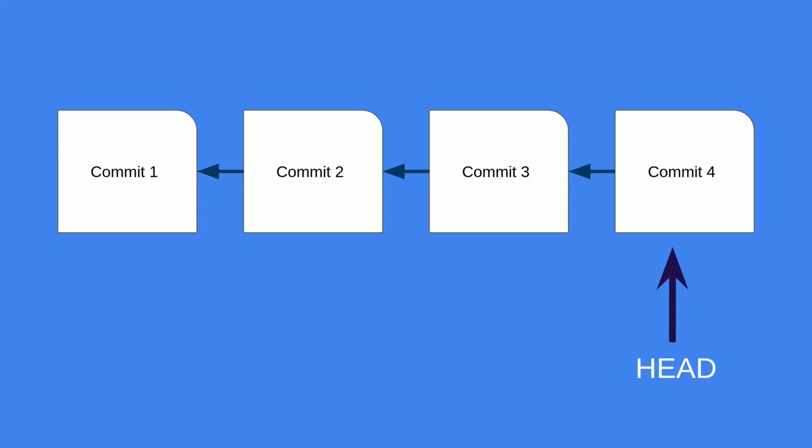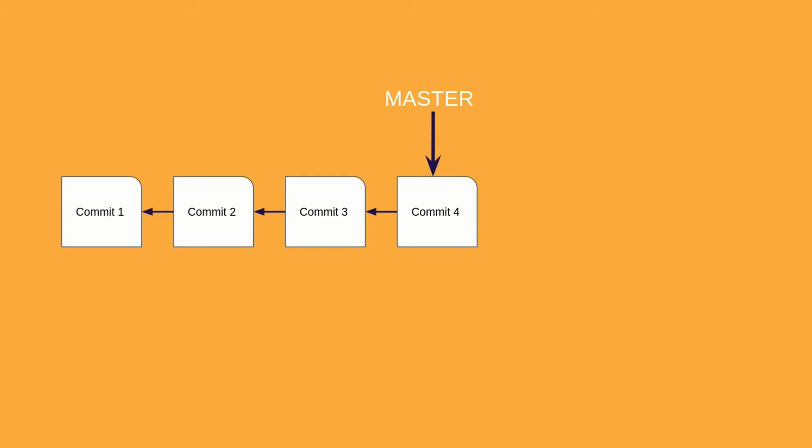Let's see the next one, how we can create multiple branches in a single repository, and how to work in these multiple branches. There's a default branch that I have, that is master, and I have already done so many commits, that is 1 2 3 4, and now I'm going to create a separate branch instead of master.